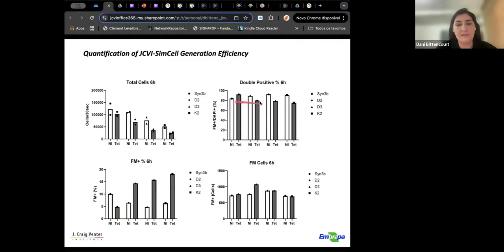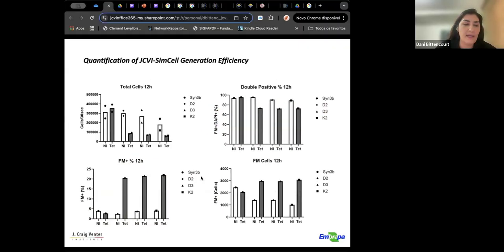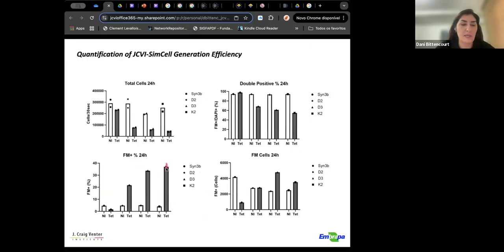The double positive as well wasn't very different. In the same way, at 12 hours the population increased a little bit, and after 24 hours we went up to 40% of the cells being only FM positive.